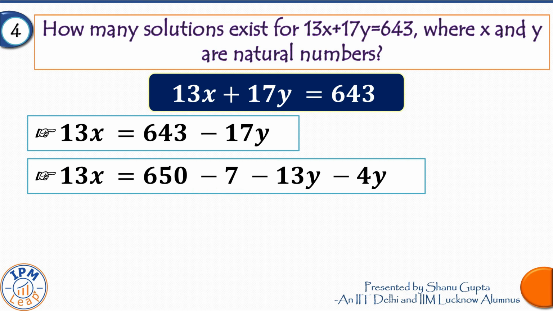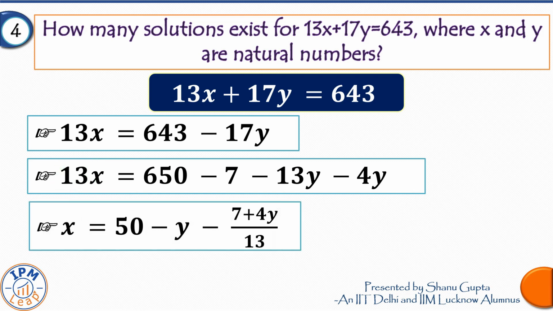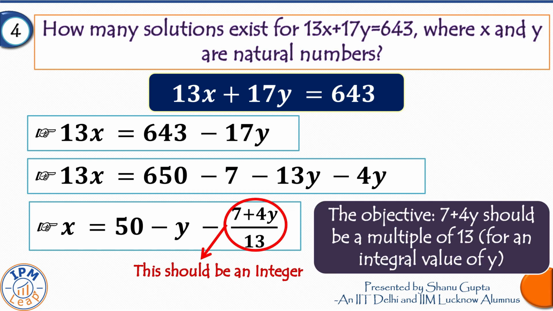Alternatively, I could have written 643 as 637 plus 6 also. It does not change my solution. Similarly, minus 17y can be broken into minus 13y minus 4y. Now we have to divide the whole equation by 13. And for the equation to balance, this fractional part should be an integer, which means 7 plus 4y should be a multiple of 13.